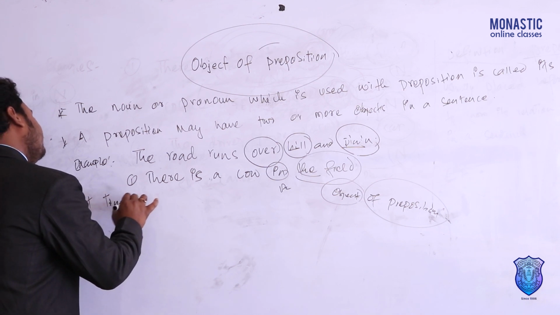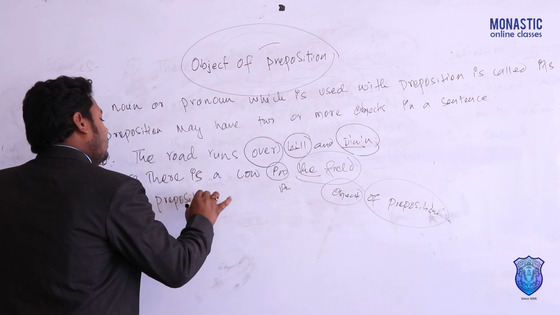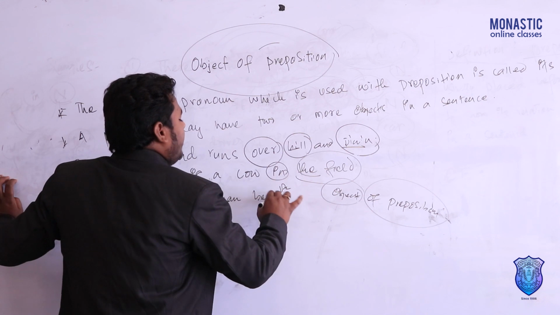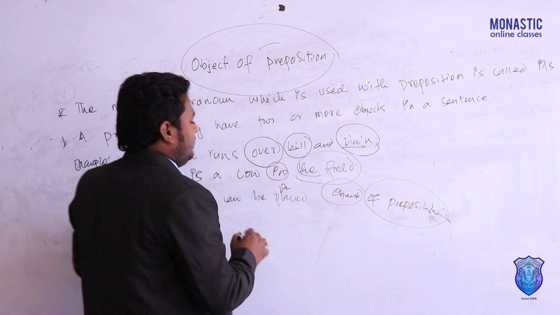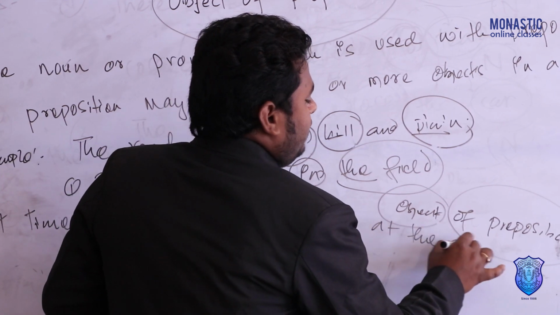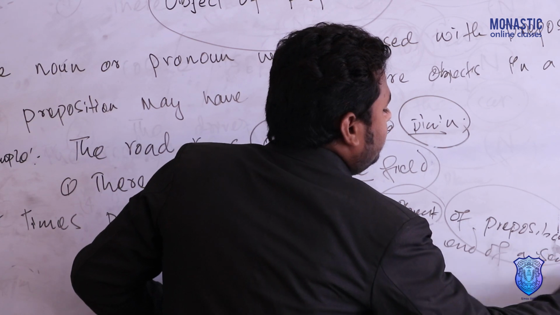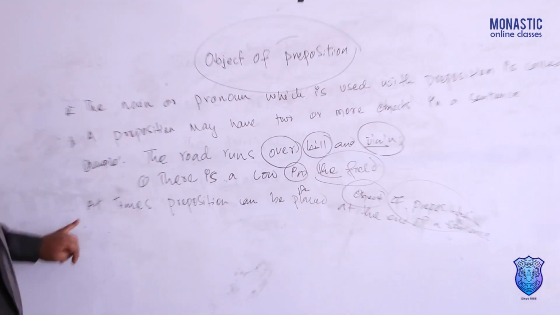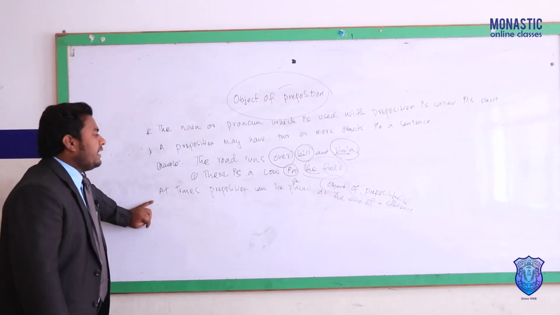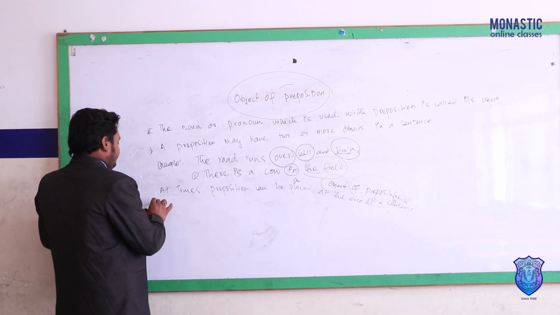At times, a preposition can be placed at the end of a sentence. How? We can see the example.